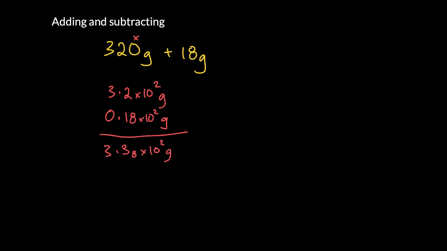This digit has 1 digit after the decimal point and this one has 2, so this one is the weakest link. It tells us that our final answer should really only be quoted to 1 digit after the decimal place, so we couldn't go past that underlined digit there. Our book uses the notation of drawing a very small subscripted number to show that the number is not actually significant.